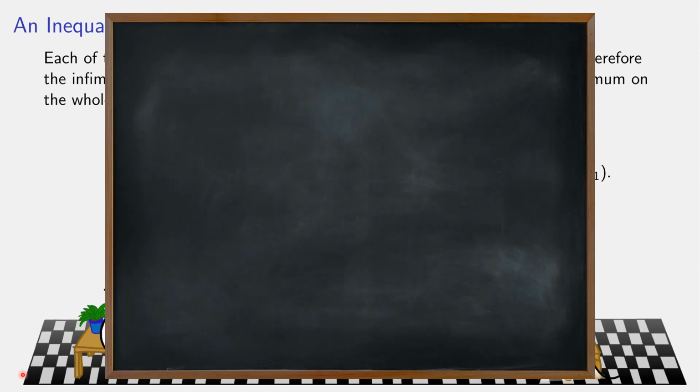So again, just to sort of try to drive this home, here is one piece of the original partition. Okay, and the function has an infimum right here. I'll call that m. Now if I split this into three pieces, so I'll call this y1, y2, y3, y4.